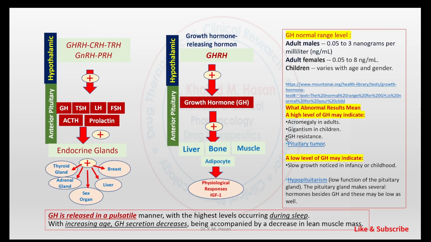Sometimes we have rare cases like GH resistance or a tumor in the pituitary gland. So a high level of growth hormone indicates acromegaly or gigantism. What about a low level? This would indicate slow growth in children and infants, or may cause dwarfism.